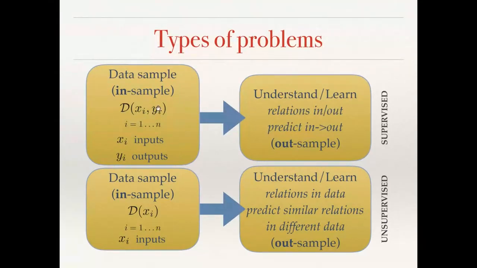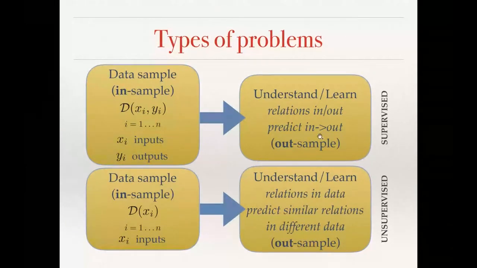Like in the example of the Higgs, you are learning from events and the label of the event. This is a standard model event, this is a Z event, this is a Higgs event, and so on and so forth, to later on understand relations between this input and output, and given an event, then being able to say, yes, that's Higgs, no, sorry, that's Z, or something like this.